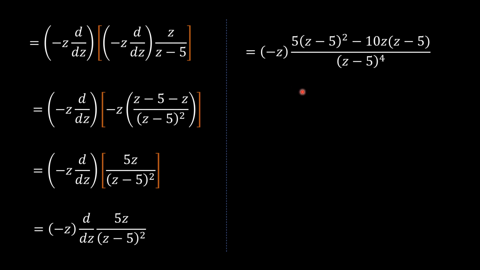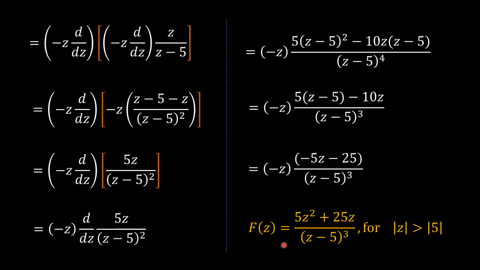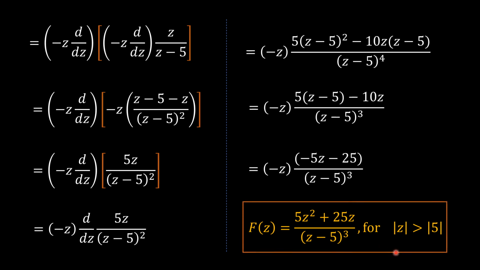That will give us minus z into, use the quotient rule. Simplifying this expression, we will be getting minus z into minus 5z minus 25 divided by z minus 5 whole bracket cube, and therefore Z transform of the given sequence is f of z equal to 5z square plus 25z divided by z minus 5 bracket cube, and the region of convergence is mod z greater than 5.